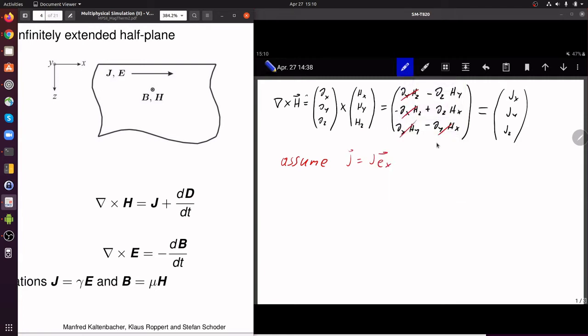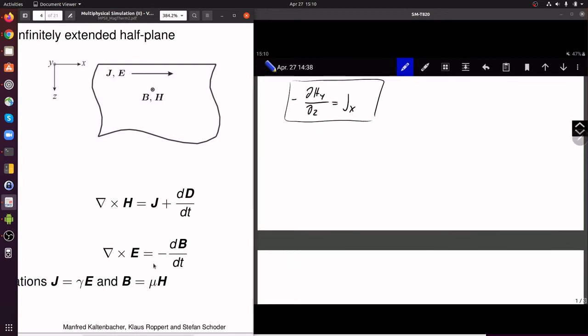Then we can write down the equation that's remaining. So we have the z derivative of Hy, and this is our curl equation. So curl H is J in this infinite half-plane.